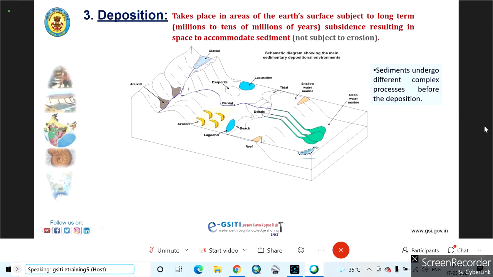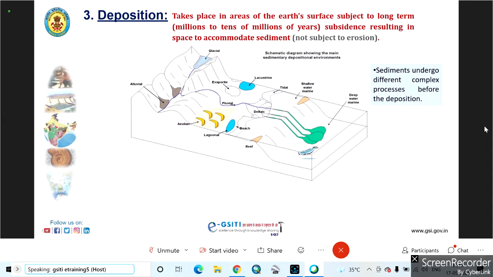So from left to right, there are the different basins, that is evaporite basin, fluvial basin, deltaic, and submarine fans, etc. Once sediments start to travel from their provenance area, they undergo different complex processes at the final deposition site.